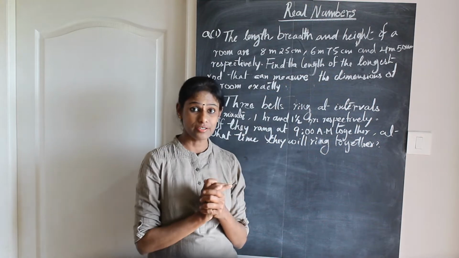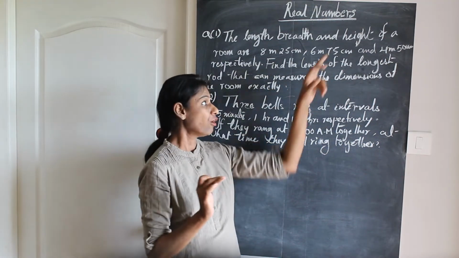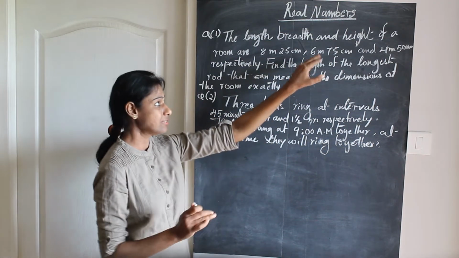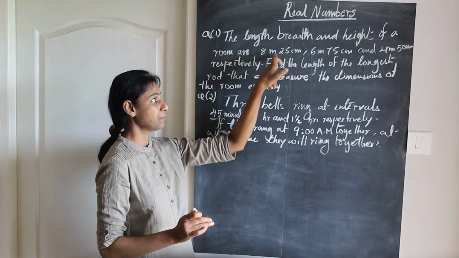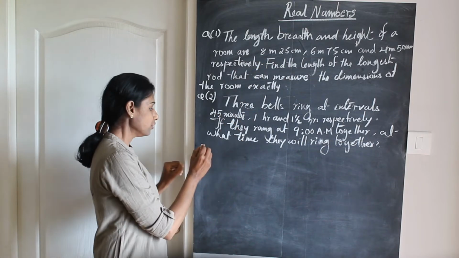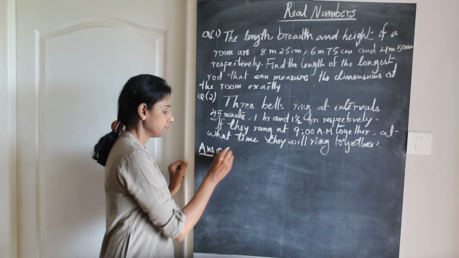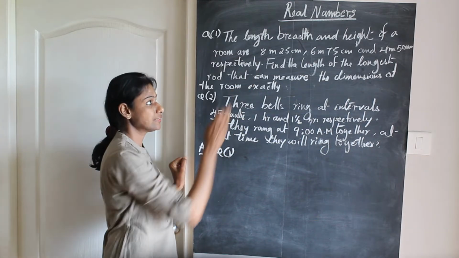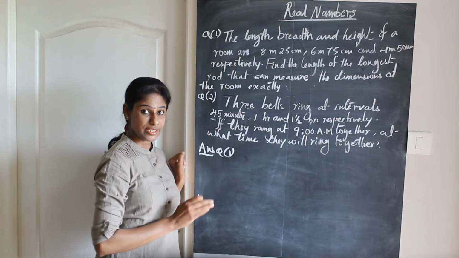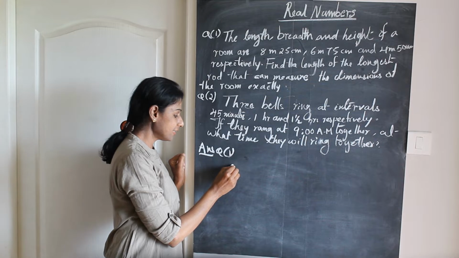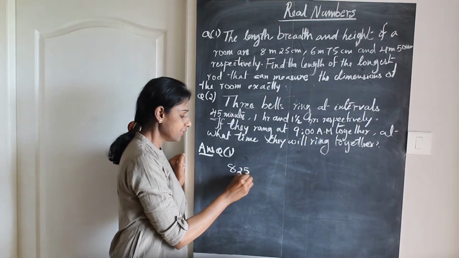Now when we find out the highest common factor of these numbers, the lengths are given like this: 8 meter 25 centimeter. So, answer of the first question. First let us take 8 meter 25 centimeter, which means 825 centimeter.